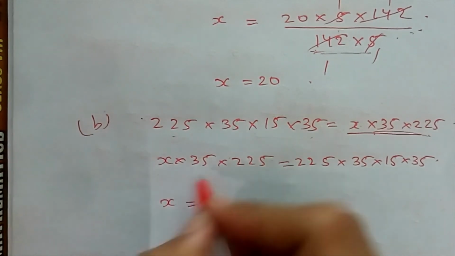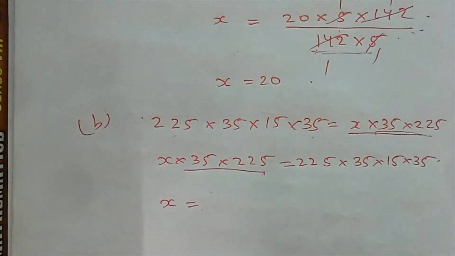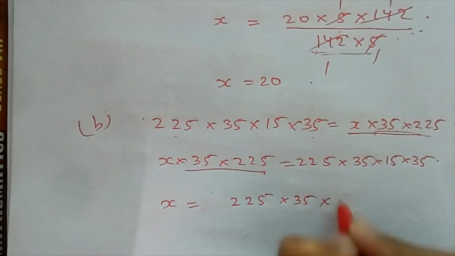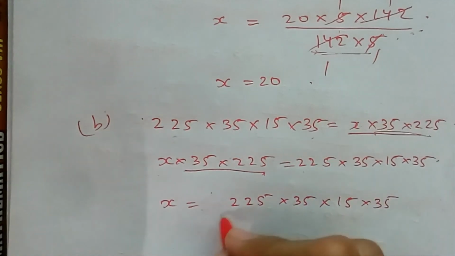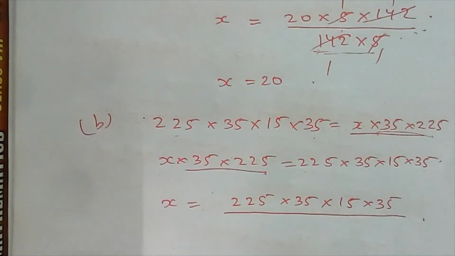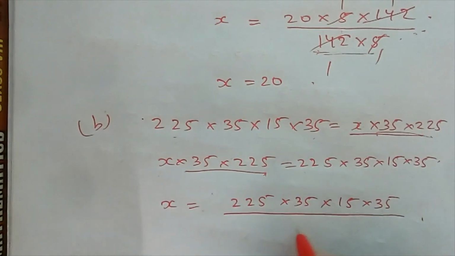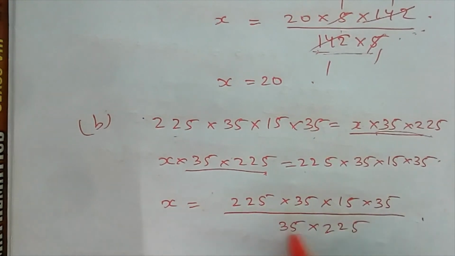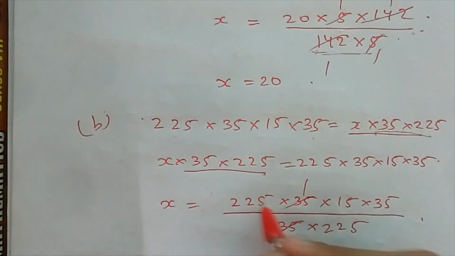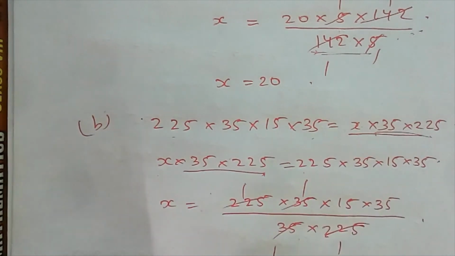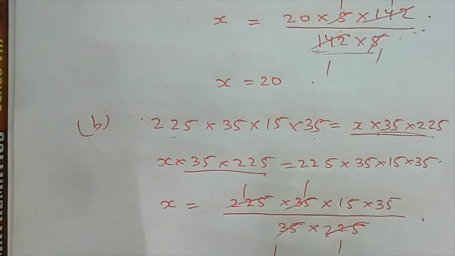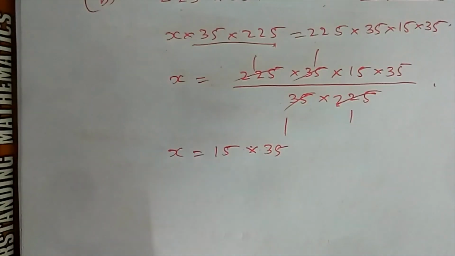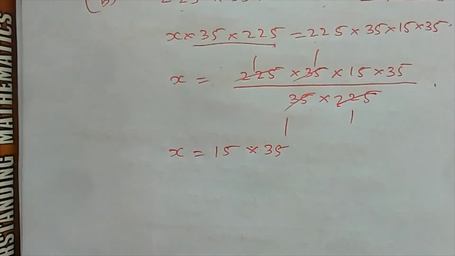Just write x here, and the other terms go to the right hand side: 225 into 35 into 15 into 35. These terms are in multiplication, so they will go in division on the right hand side. 35 ones are 35 ones are, 225 ones are 225 ones are. So we get x is equal to 15 into 35.